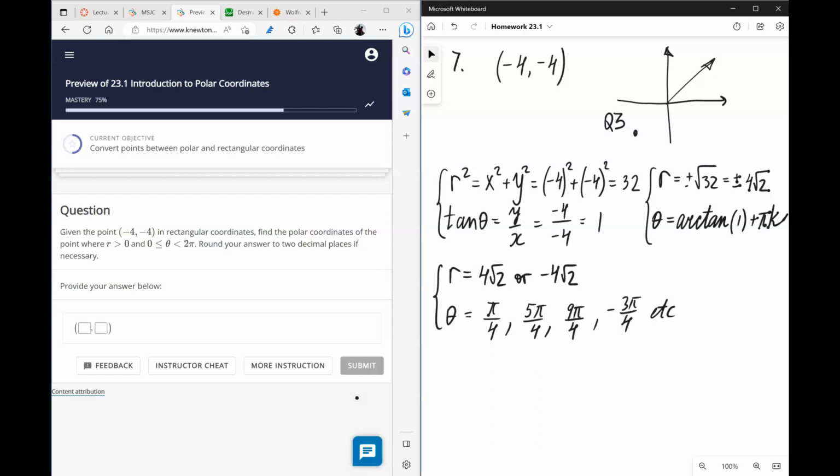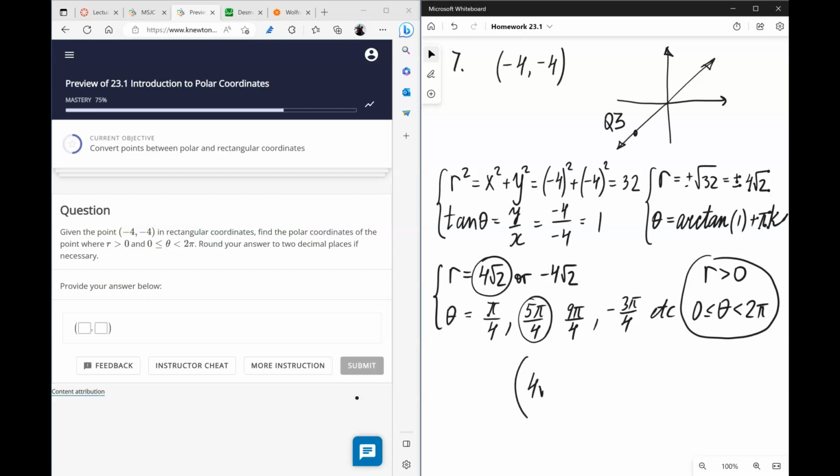So the only pair that makes sense, again looking at the constraints, that r must be positive and theta must be between 0 and 2 pi, so that's the constraint. We have to pick the value 5 pi over 4, which is facing this way, and r is equal to 4 radical 2. So the answer is 4 radical 2, 5 pi over 4.